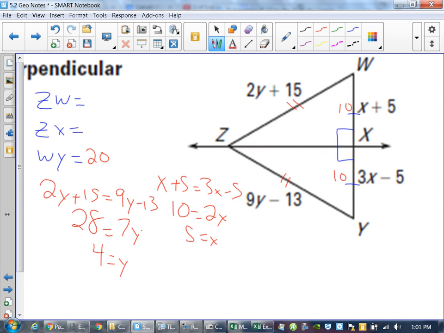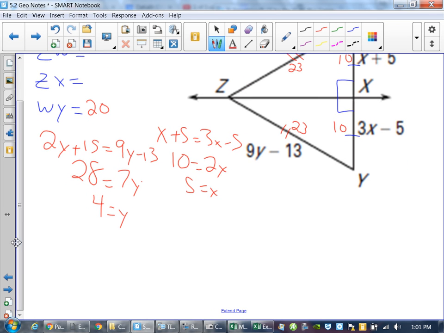Hopefully you got 4 for that. Substitute back through. I think you get 23 and 23. That gives you the last one to worry about, and that's when you have the right triangle.